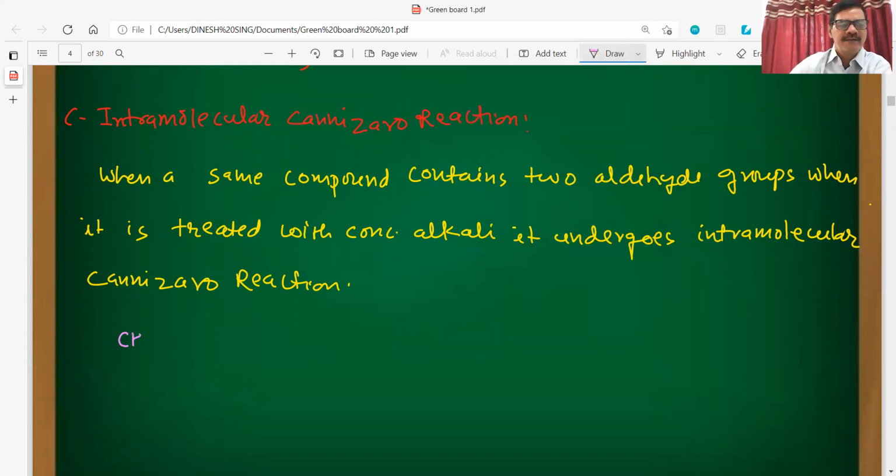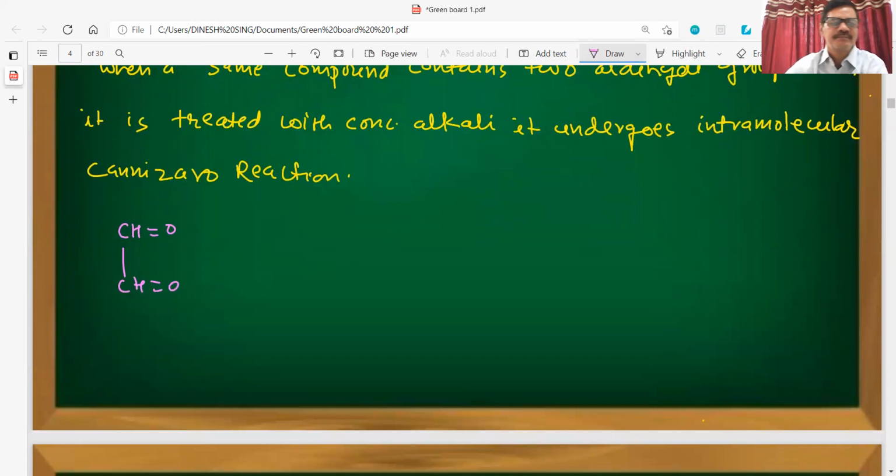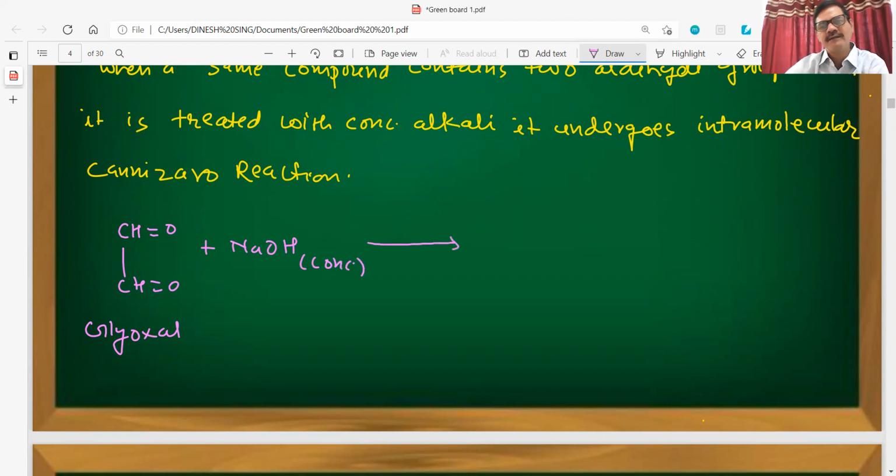For example, we are having CHO-CHO. This is glyoxal. When it is treated with concentrated NaOH, one aldehyde will undergo oxidation and the other aldehyde group will undergo reduction.